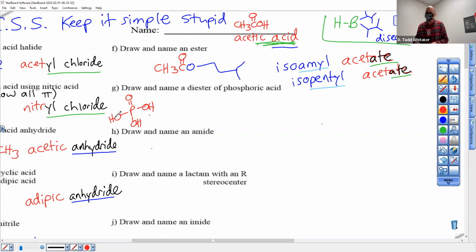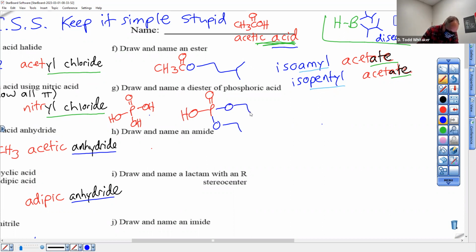Diester, what do you think I'm trying to get at there? Not just one ester. Two out of the possible 3, right? There's 3 OHs there. They're acids, right? So I'll take 2 of the H's off. I'm going to redraw the O's in a different color because they really come from the alcohol. And those are, what groups did I choose this time?